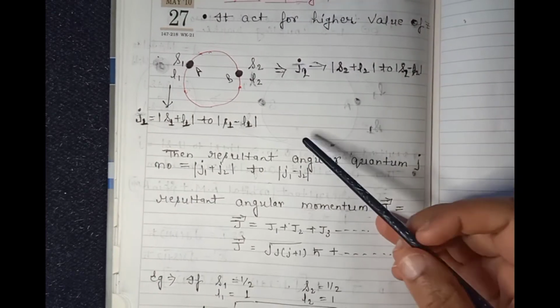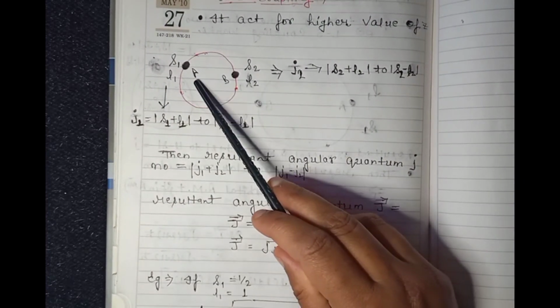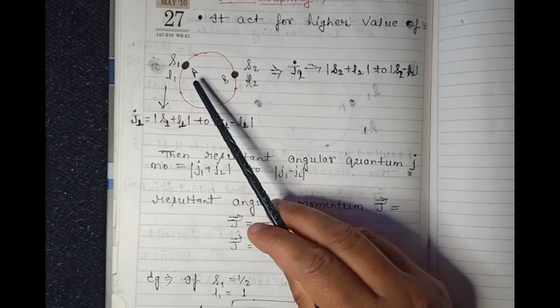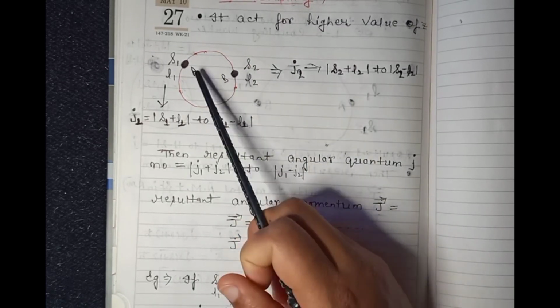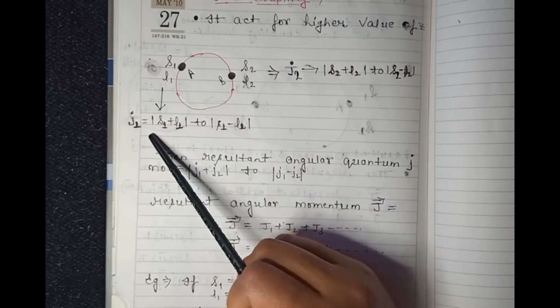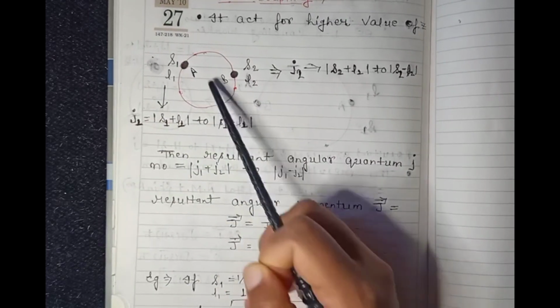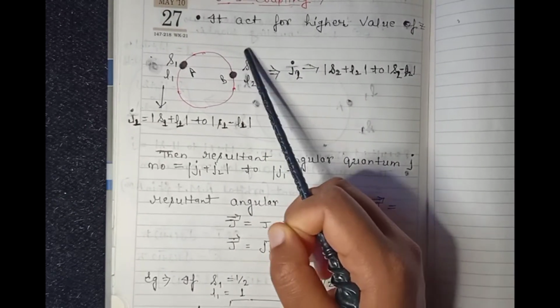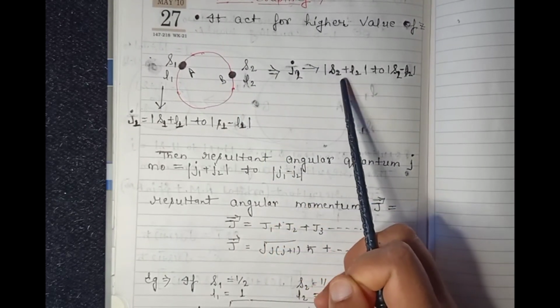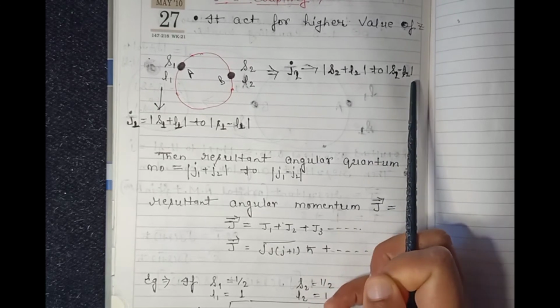As I have told you, orbital angular momentum and orbital quantum number always follow vector addition. So J1 will vary from S1 plus L1 to S1 minus L1, and the resultant of the B electron is equal to S2 plus L2 to S2 minus L2.